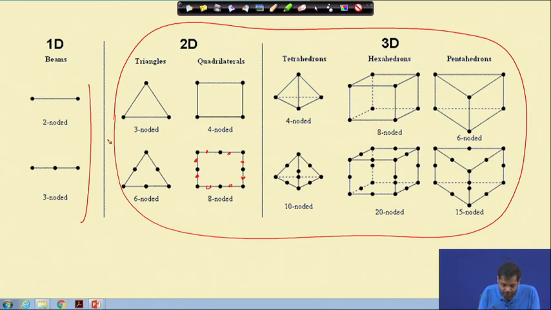What we do here is we will take a 3-noded element and a 4-noded element, and then see what the stiffness matrix is for both the cases. Great.